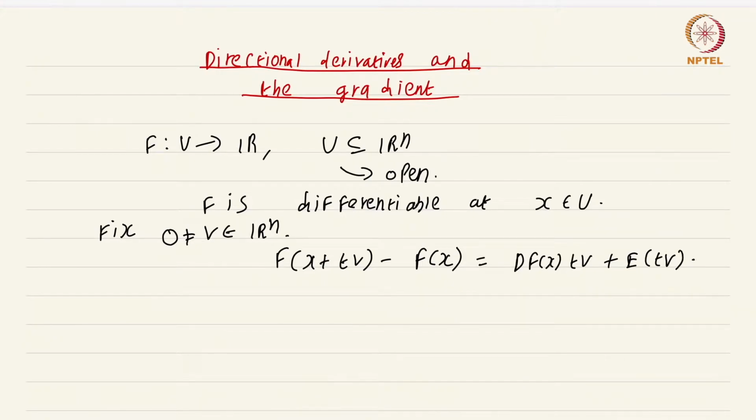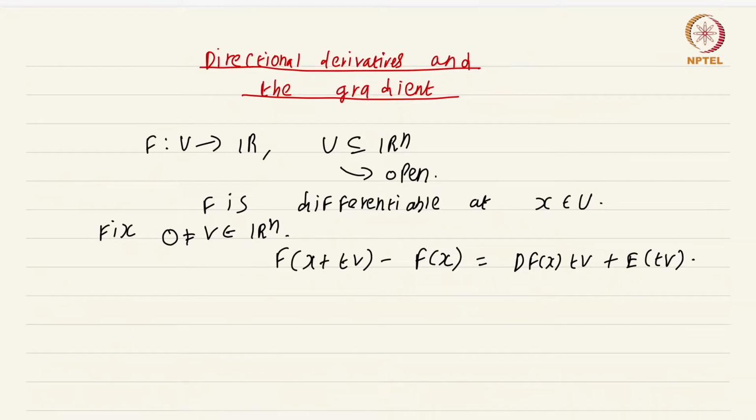This equation will be valid whenever t greater than 0 is suitably small. In fact, this will also work when t is less than 0 and suitably small. All you are saying is that the vector tv is sufficiently small that x + tv is in the domain U.